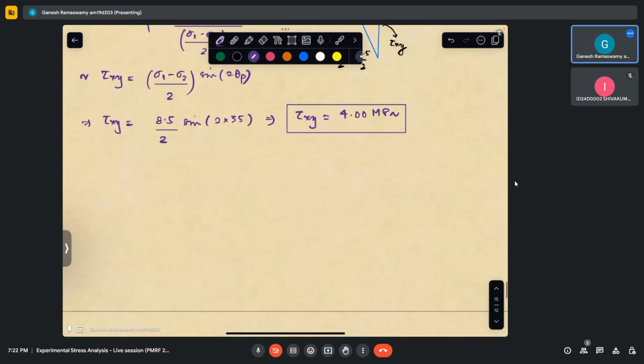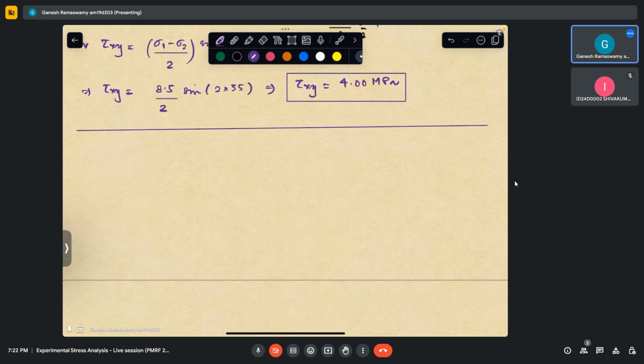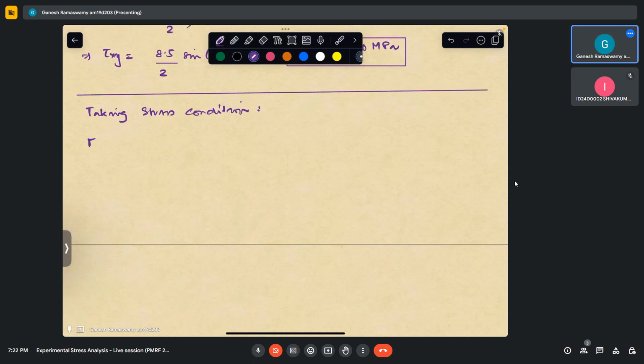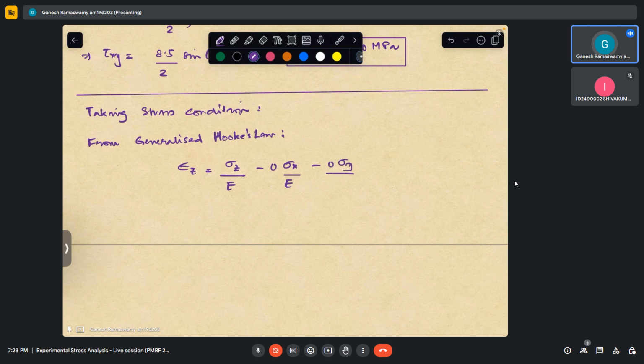Now for this case, taking plane stress condition, we know from generalized Hooke's law, we have epsilon z is nothing but sigma z by E minus mu sigma x by E minus mu sigma y by E.